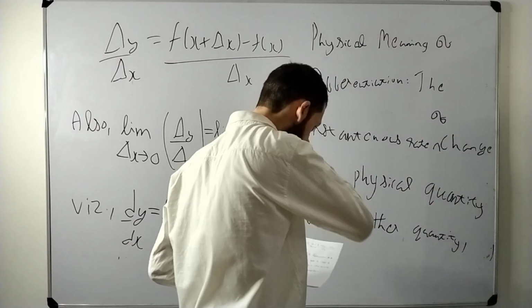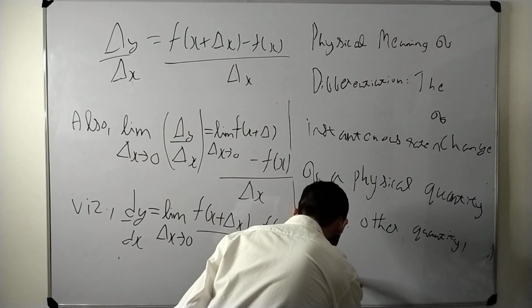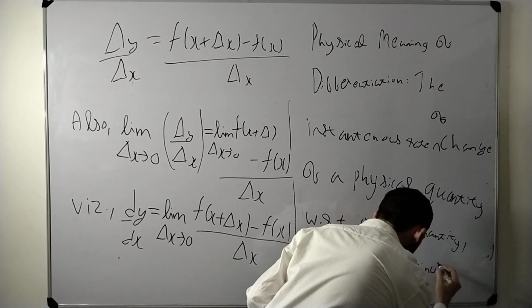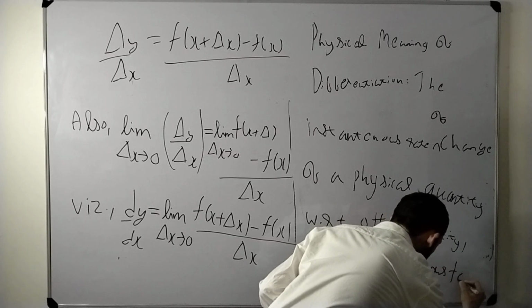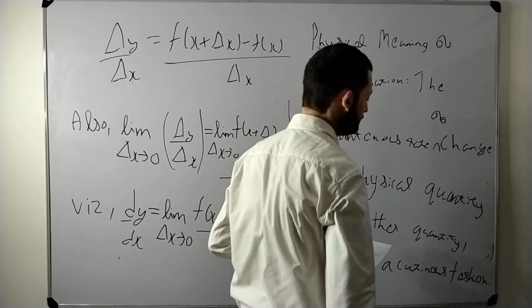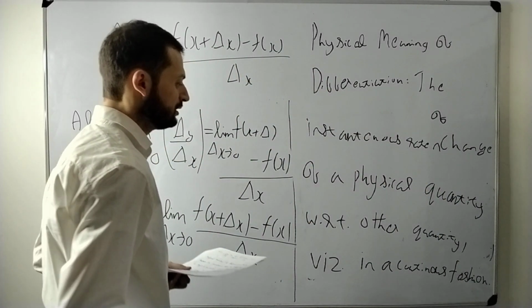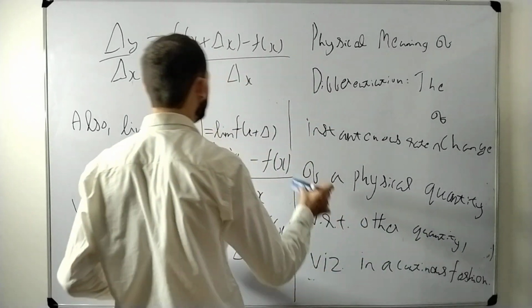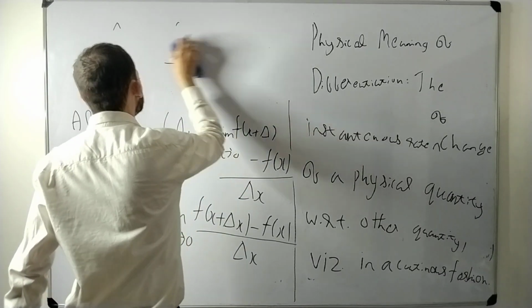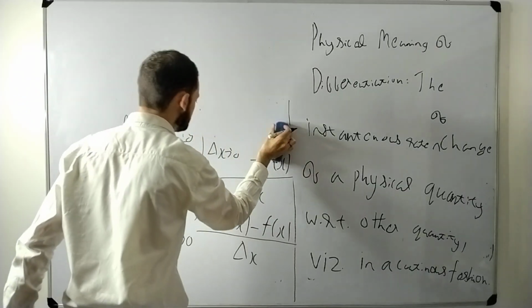A physical quantity which is in a continuous fashion. So it is not that it is happening for some time now and will not happen for other seconds. It is in a continuous fashion, and one example is gravity, acceleration due to gravity.